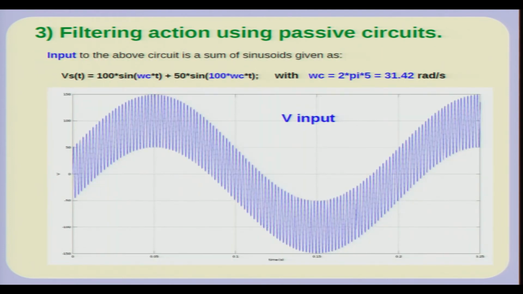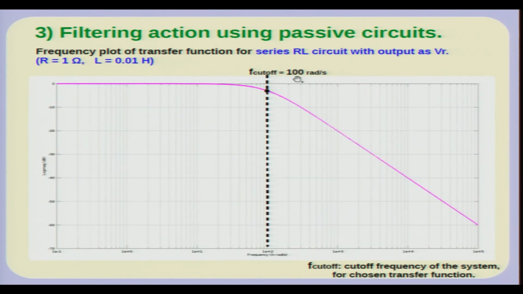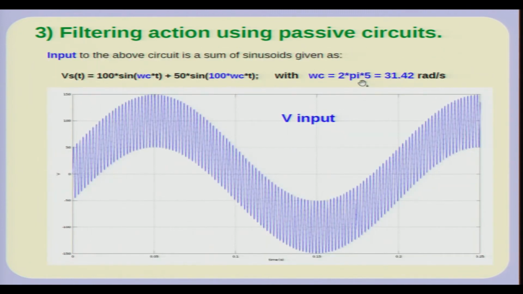I am sorry, the 3 decibel bandwidth point of the filter is 100 radians per second, and what we have taken is a sinusoid of the form 100 sin omega ct, where the input has frequencies of 31 radians per second and 31 into 100 radians per second. So, we have two frequencies, one high and one low.